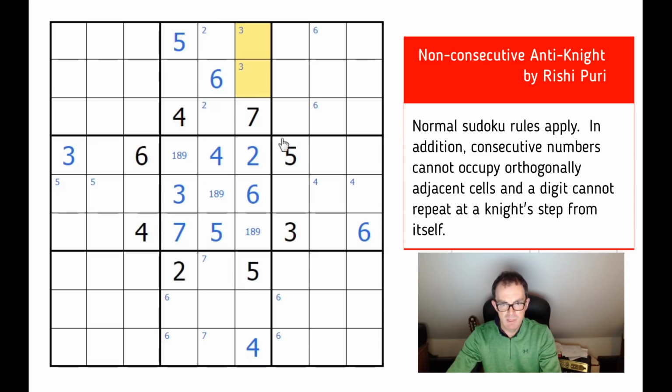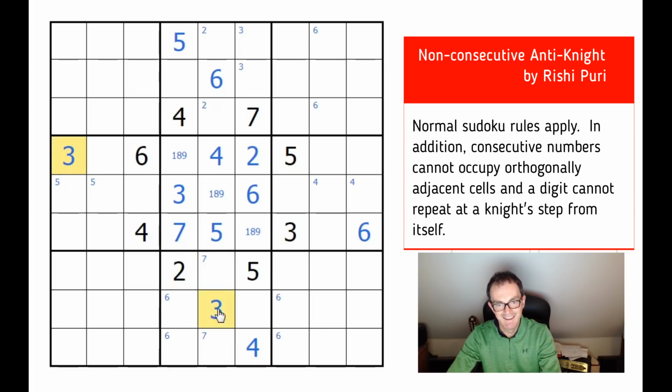Oh, this is unbelievable. This is the same logic we've just done on the 6s. The 6s and the 3s are totally symmetrical. Because look, this is ruled out from being a 3 by either knight's move or it being consecutive with that one. The 4 rules out a 3 from that square, so the 3 must go here.